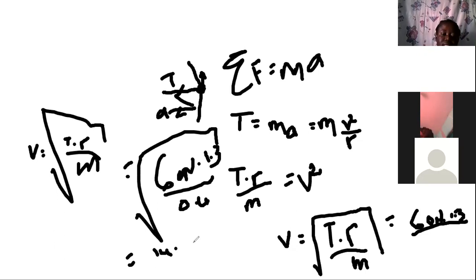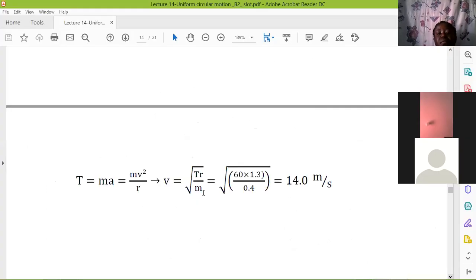Just do your calculations. So this was the velocity that this object was rotating with, as the ball breaks.